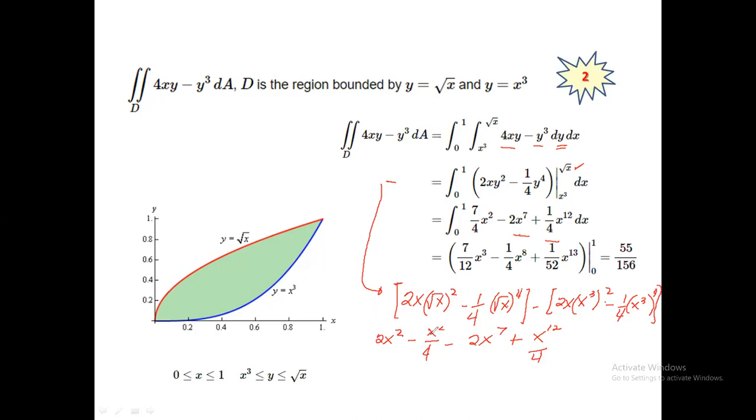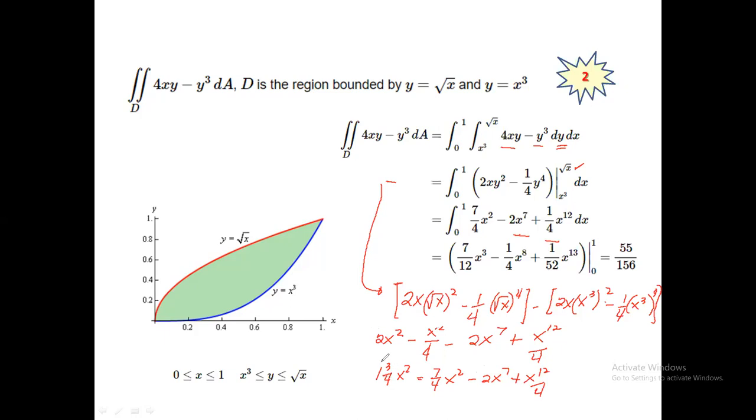You can combine these two, right? 2 and, or 1 and 3/4 rather. So 1 and 3/4 x squared, which is equivalent to 7 over 4 x squared. And then minus 2x to the 7 plus x raised to 12 over 4.